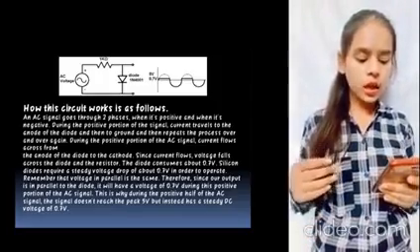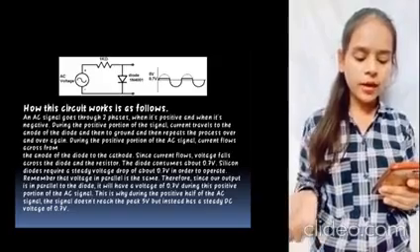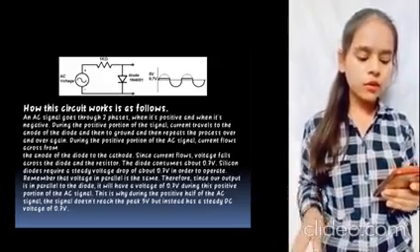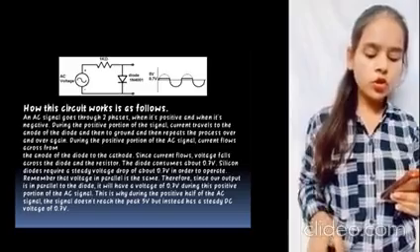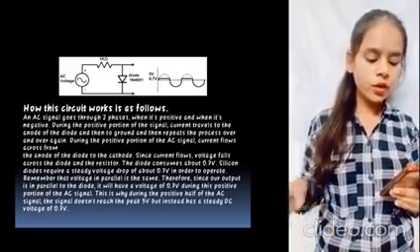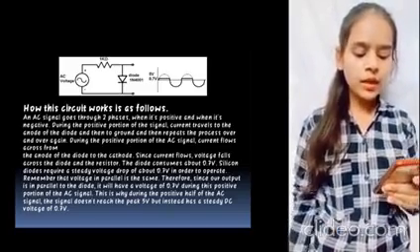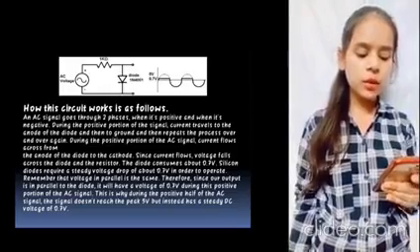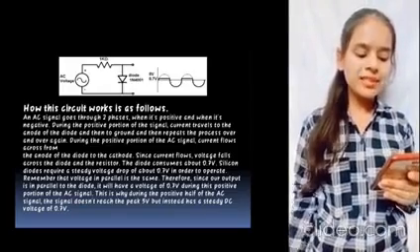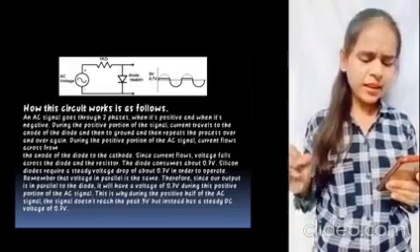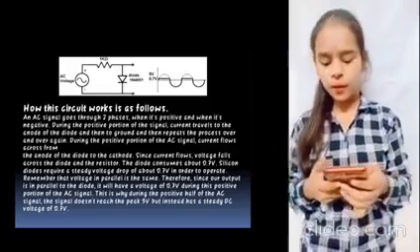Therefore, since our output is in parallel to the diode, it will have a voltage of 0.7V during the positive portion of the AC signal. This is why during the positive half of the AC signal, the signal doesn't reach the peak 5V, but instead has a steady DC voltage of 0.7V.